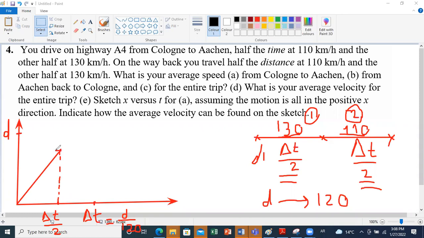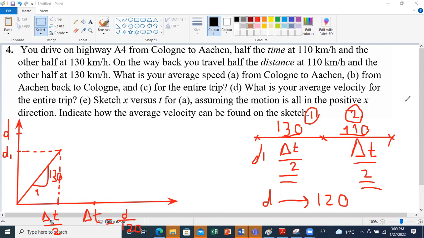You can calculate D1 graphically with your ruler, you can measure it, and you will get exactly the result that you got from calculation, that D1 is equal to the slope, which is 130, times delta t over 2. And delta t over 2 is d over 240. So this is the first phase when you are going forward.